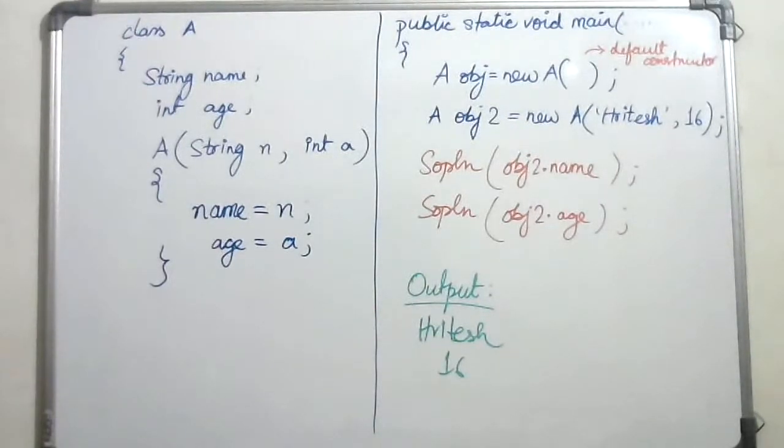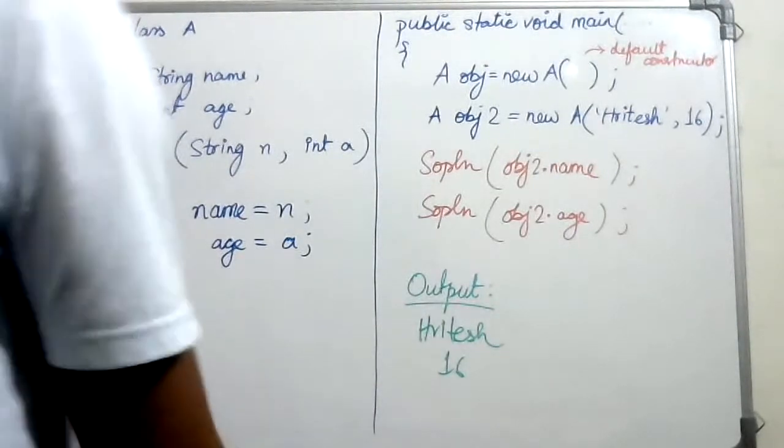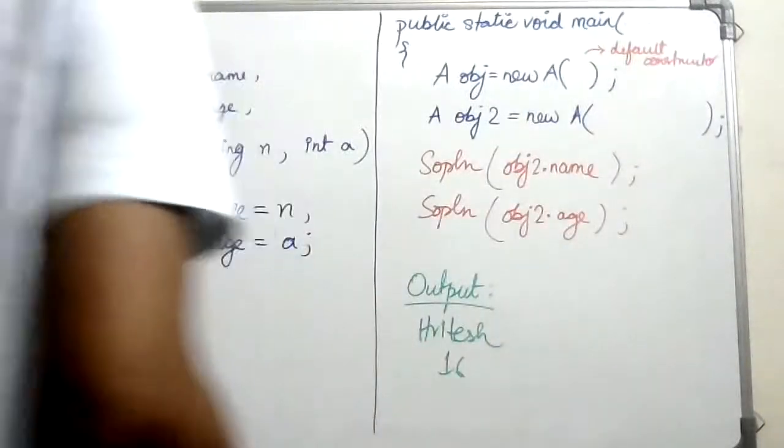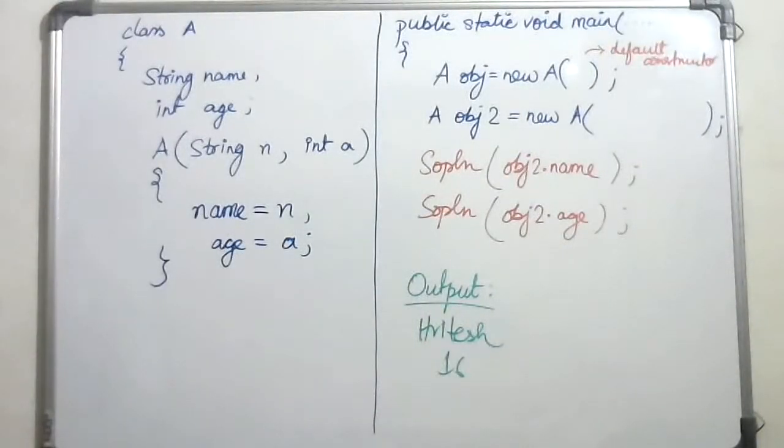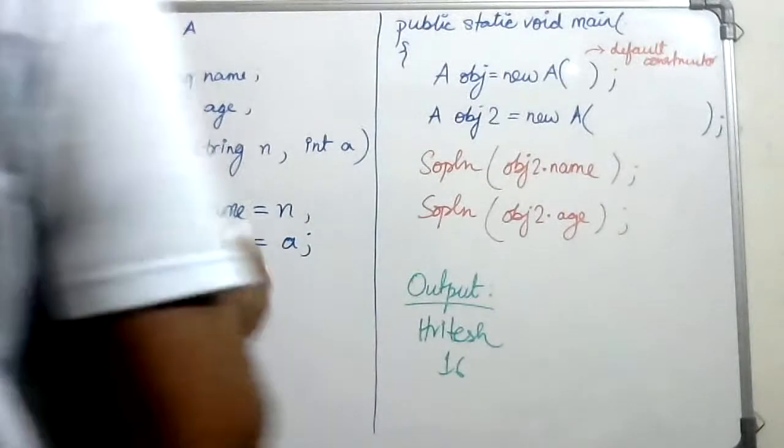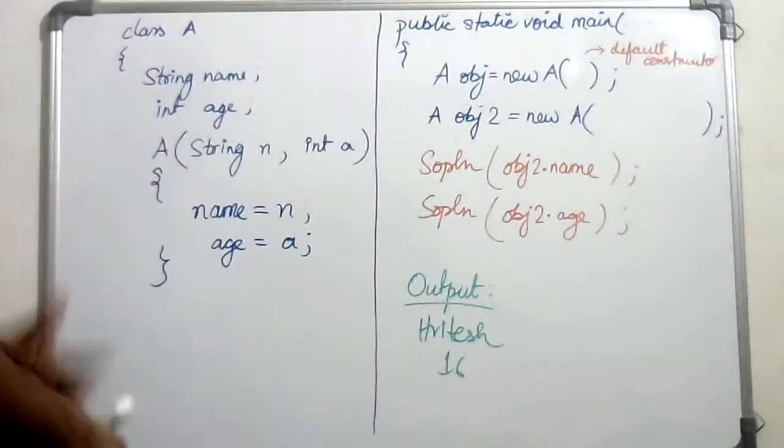Okay. Let's say you want to initialize the object variables to custom values. When you are writing a program, there's no way to actually know the name and age of a person. So instead of providing a name and age, you will provide some custom default value.